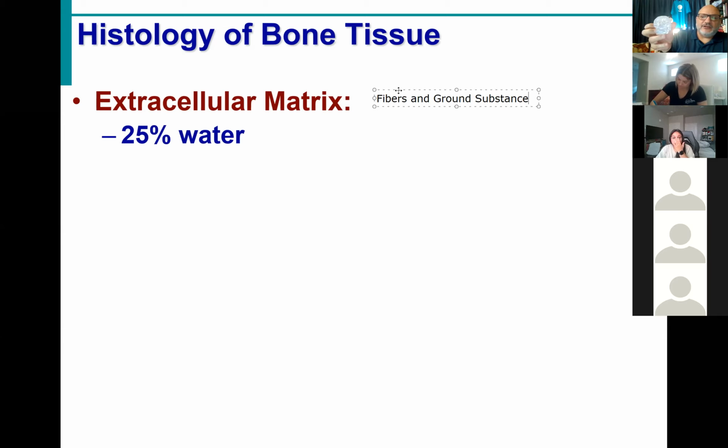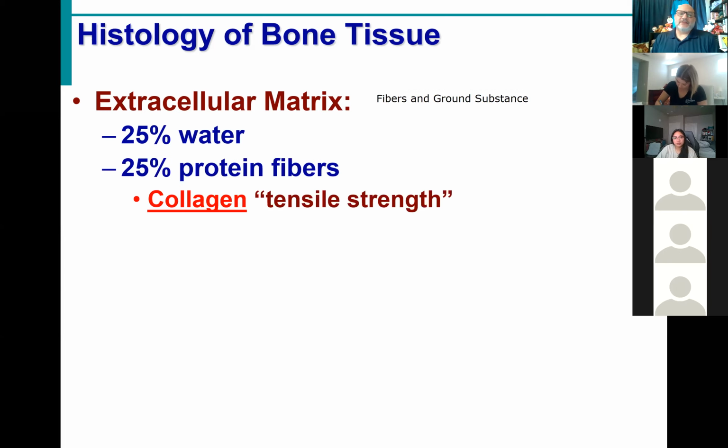When you hold that skull in your hand, we think of it as that shriveled up, dried up thing, but bone is very wet tissue. There is 25% water inside of that bone. There is a lot of that in there. And there is 25% protein fibers, primarily collagen.